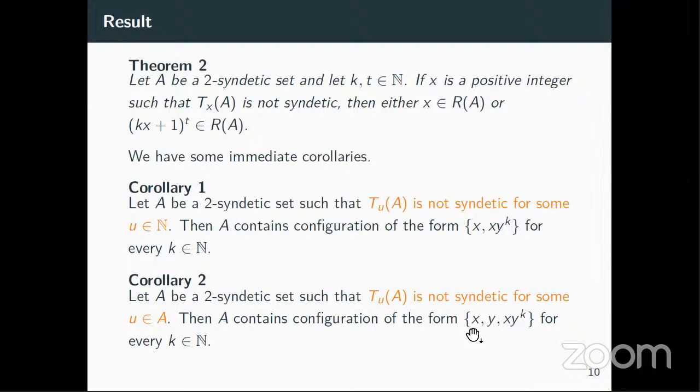So this gives some idea how to get a three-term geometric progression. Even so, we are unable to give a clear classification of when a two synthetic set will contain a three-term geometric progression. But in our next results, hopefully we will be able to produce some criteria on two synthetic sets using these results.